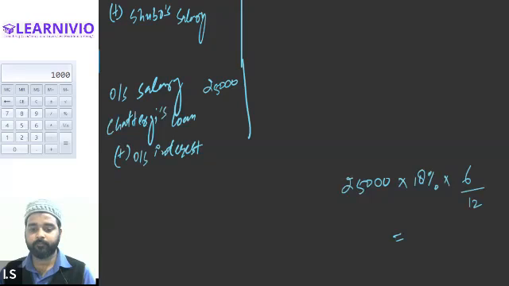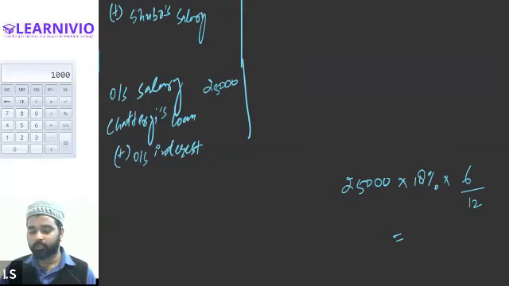Any doubts? No, sir. Okay, let me just calculate the total months: October, November, December, January, February and March.